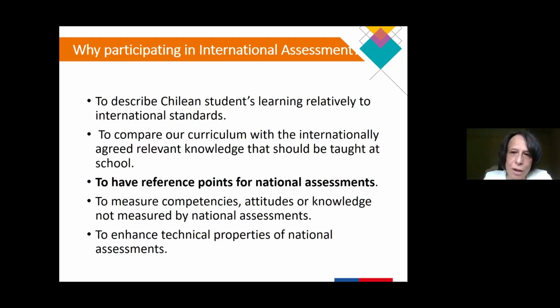So we want a reference point for our national assessment by participating in international assessment, and to measure competencies, attitudes, and knowledge that we can measure in our national assessment. And not least, to enhance the technical properties of our national assessment tools.